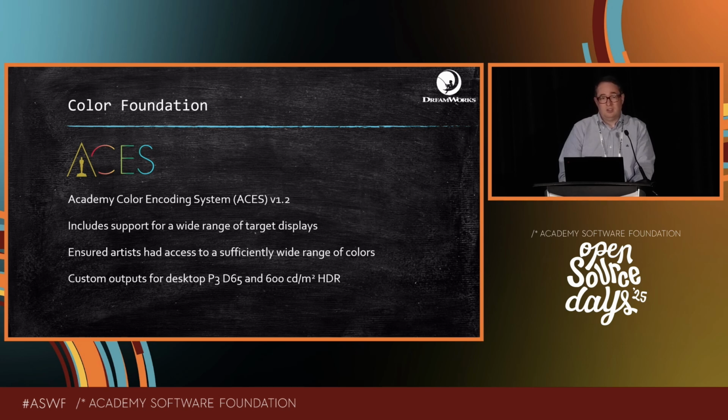ACES includes support for a wide range of target displays, and by displaying in P3 and rendering in ACEScg, it ensured artists had access to a sufficiently wide range of colors. Some custom outputs were required to achieve compatibility, such as the desktop P3 D65 target and another HDR display that had a target luminance of 600 candelas per meter squared.